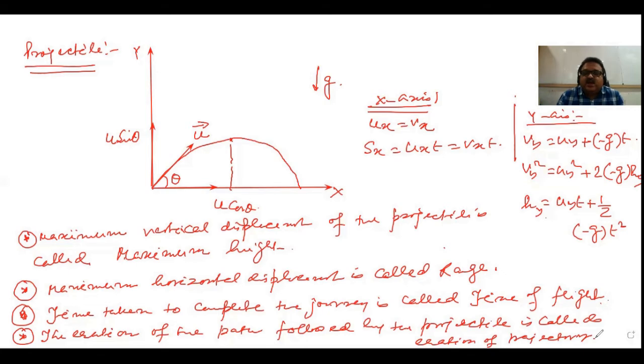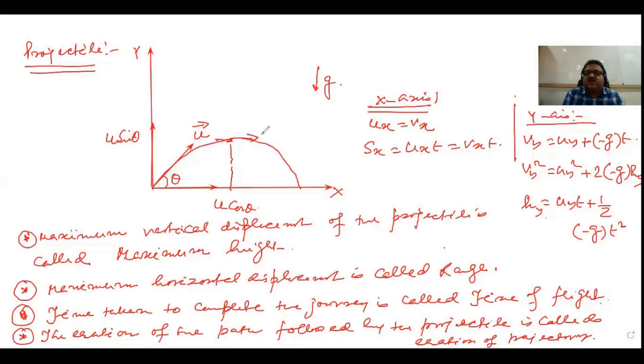Now, one thing I want to tell you here. Look, as the body goes up, the vertical velocity slowly decreases. But as I said, no force is acting along the x-axis, so velocity along x-axis is constant. So what happens at the maximum height? At maximum height, only one velocity component exists, and that is what?